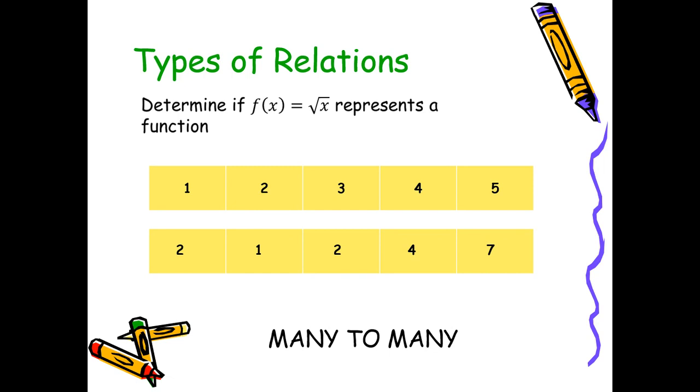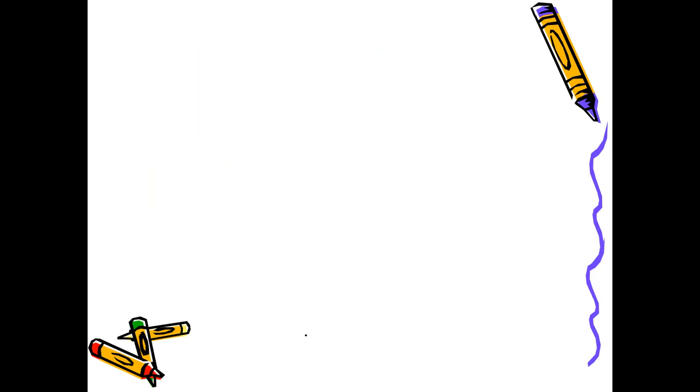Alin naman ang hindi function? One to many tapos many to many. Okay, very good, children. So that is one to many and many to many. So feeling ko naman you already mastered what is the difference of function and relation, and kung ano ba yung kaugnayan nila sa isa't isa.